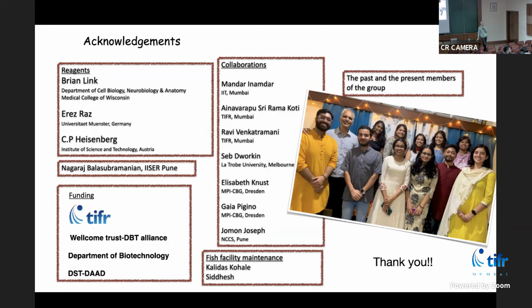You showed us the nice change in the gut morphology in the MYO5 mutant, where it did not have those folds. I'm just wondering if that results from the same cellular phenotype that you see in the epidermis.